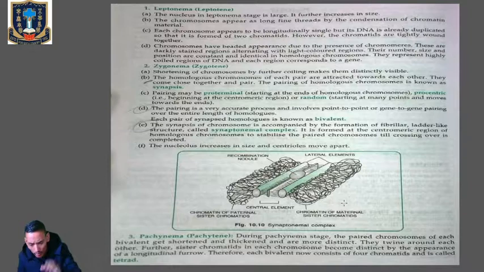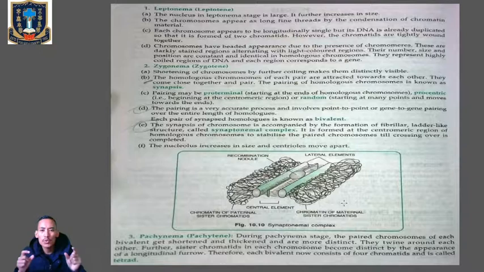This is the most important one. During zygotene, the chromosomes start pairing together, and this process of association is called synapsis.